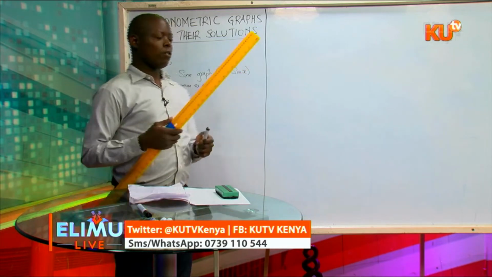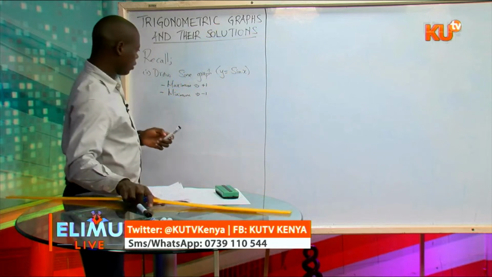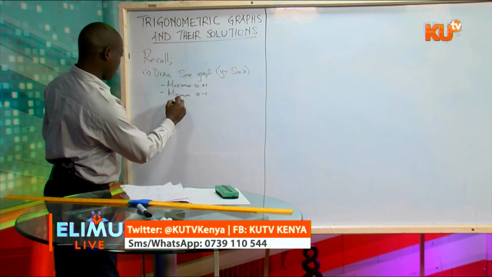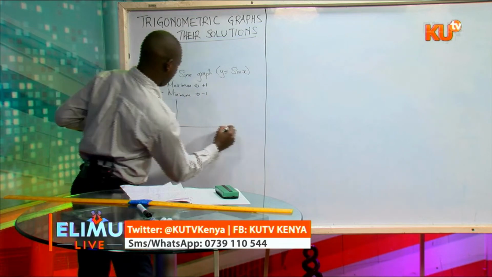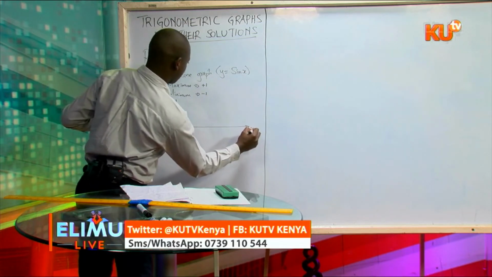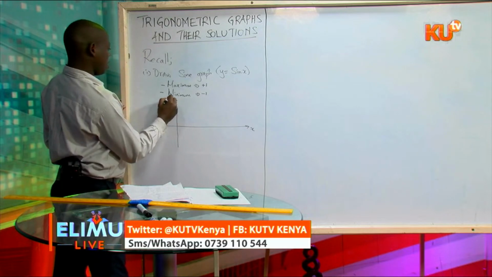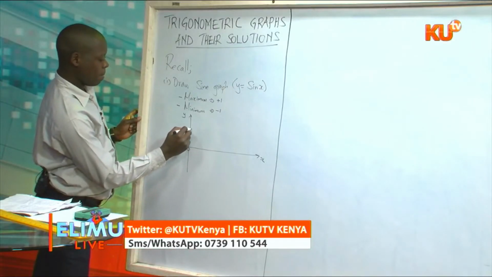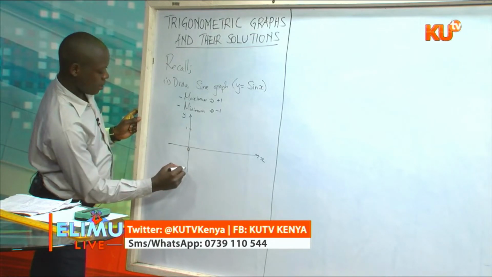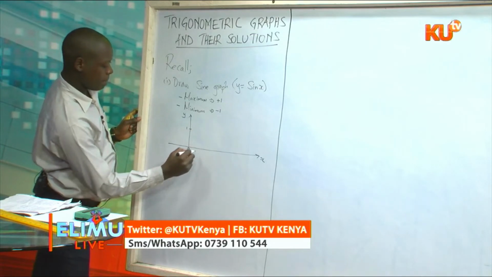Now, if I do a sketch of the sine graph, this is the x-axis, and then the y-axis, the point 0, and this is 1, this is negative 1.